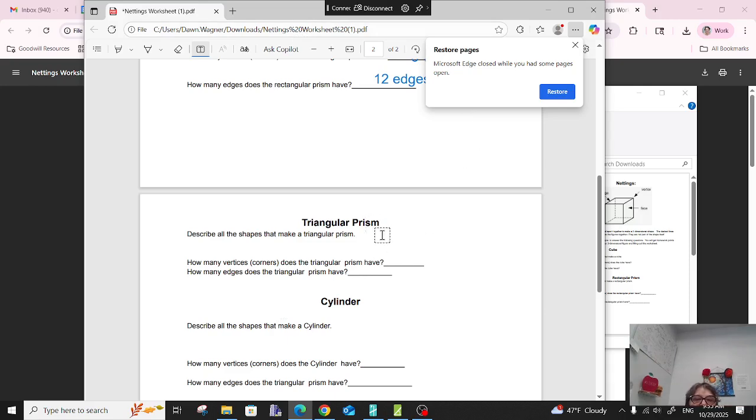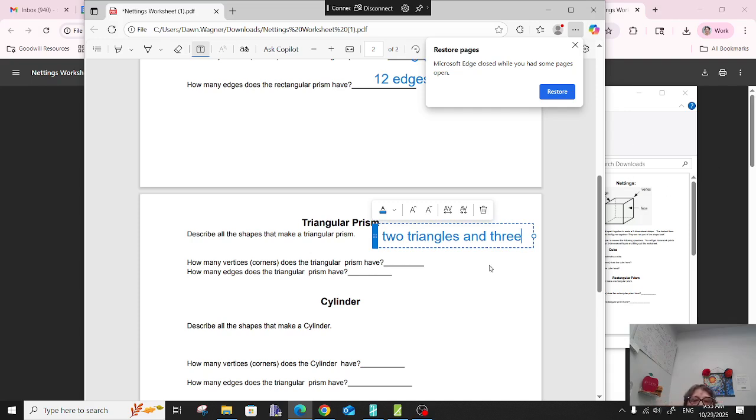So a triangular prism has what? Two triangles and how many rectangles? Three. If yours isn't cut out yet, you could actually see it laid flat, correct? Yes.